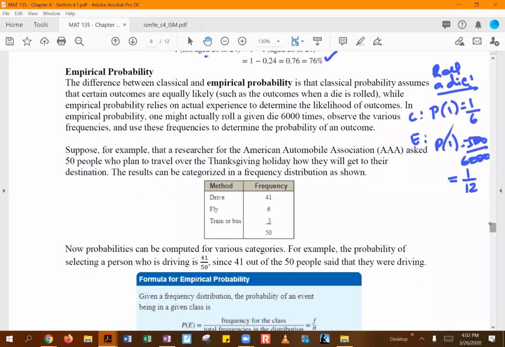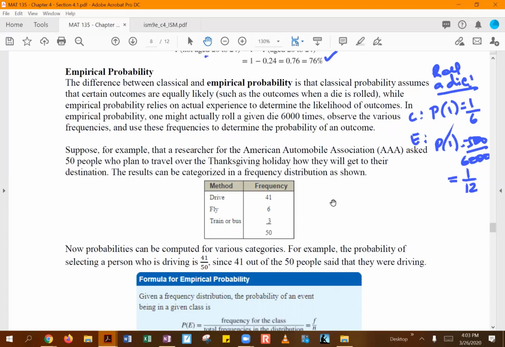Looking at this example here, a researcher for the American Automobile Association, or AAA, asked 50 people who travel over the Thanksgiving break how they will get to their destination. 41 out of the 50 said they're going to drive, 6 are going to fly, and 3 said they were either taking a train or a bus.